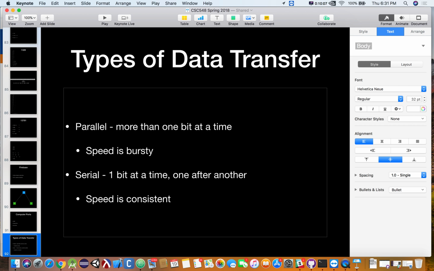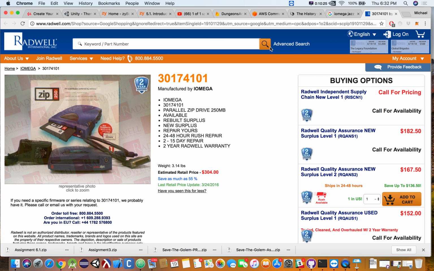Now, do you think these are still the same kind of data transfer as we use today? It absolutely is. The ports look different, but it's still the same thing we use. So parallel used to come across on what was called a parallel port. So let's look at a parallel port.